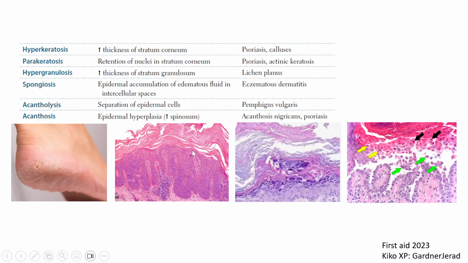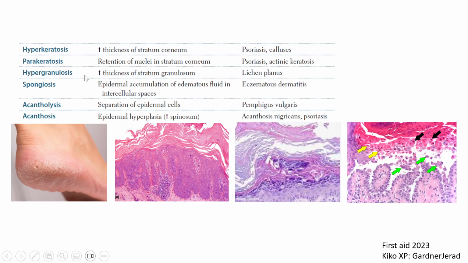Then they do not have enough time to lose their nucleus, so we will have parakeratosis. Why these two terms are really important: if you see hyperkeratosis, usually that means the lesion developed really acutely, these changes happened really fast. And if you have parakeratosis, that means this is a subacute or even chronic change of the skin.